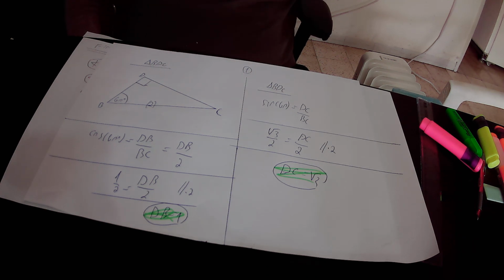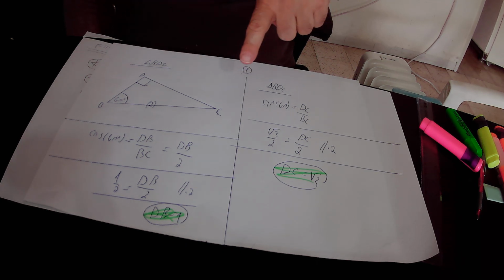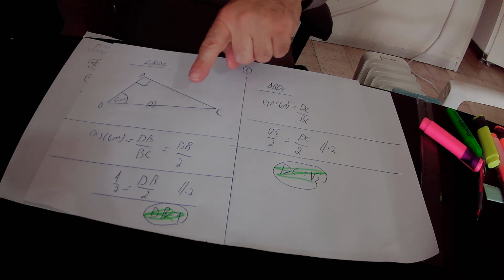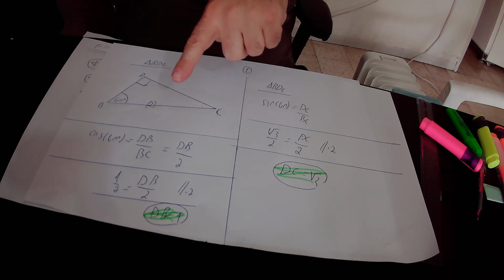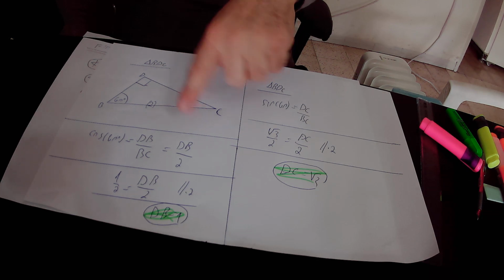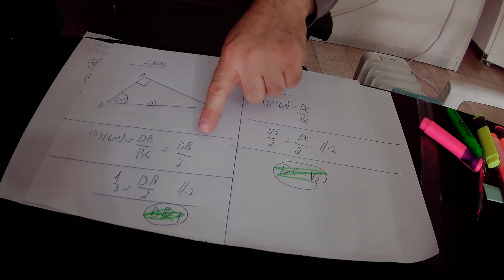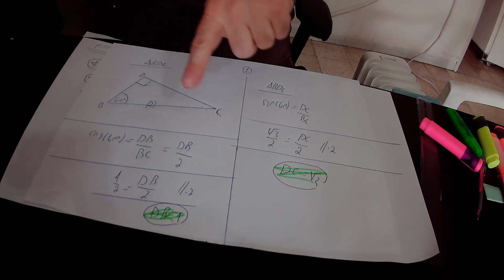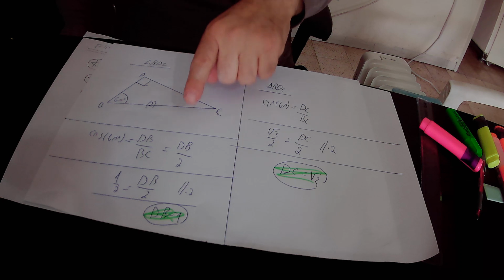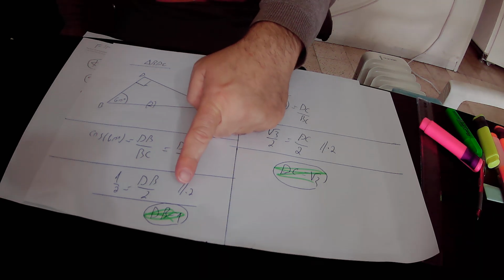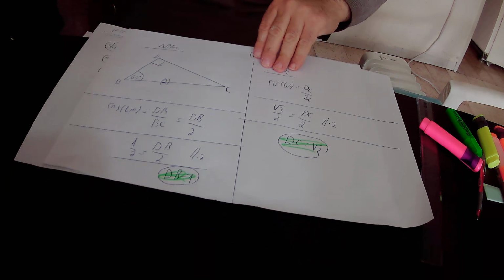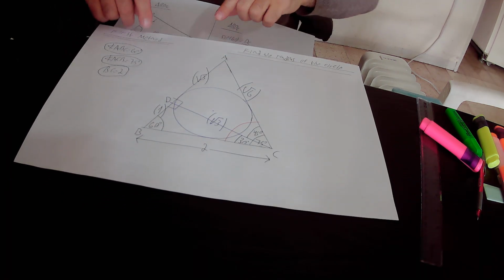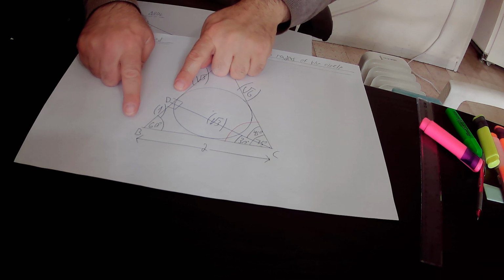So in this right triangle BDC, cosine 60 degrees equals DB over BC, and BC is 2. So cosine 60 degrees equals DB over 2. Cosine 60 degrees is 1/2, so 1/2 equals DB over 2. Here we multiply this equation by 2 and find that DB equals 1 unit in length.